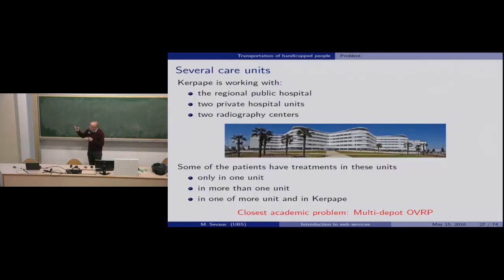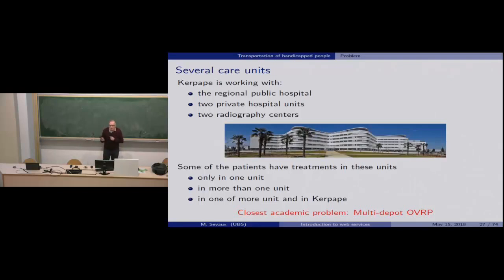CARPAP is working with the regional public hospital, which is in the photo here. Of course, with 2 private hospital units where they have the MRI equipment. Also, they have some specific equipment in these different private hospitals, and 2 different radiography centers.